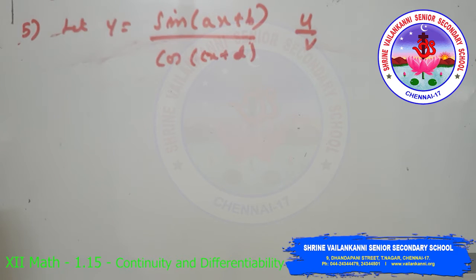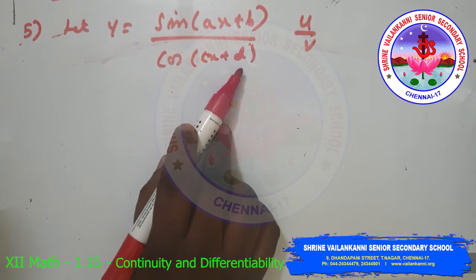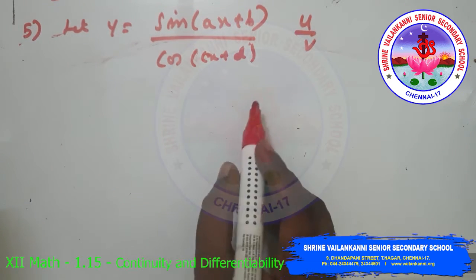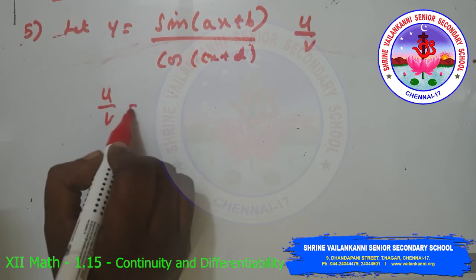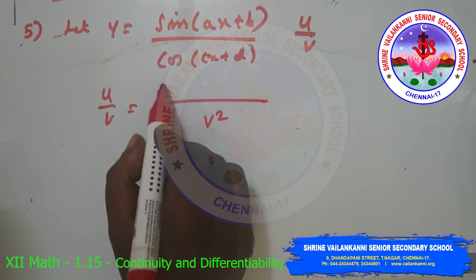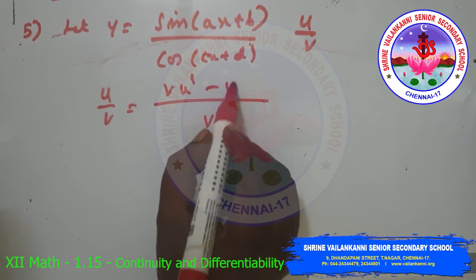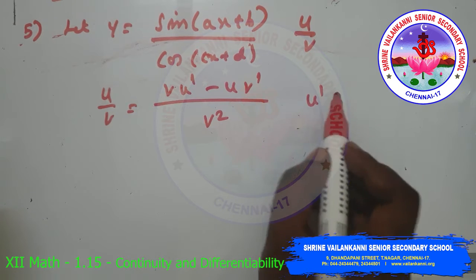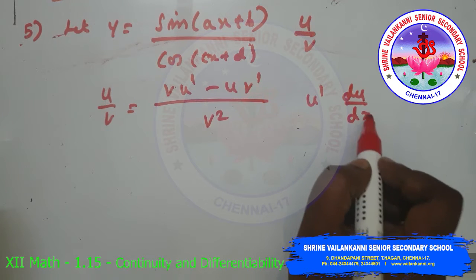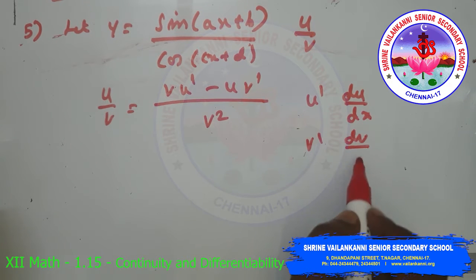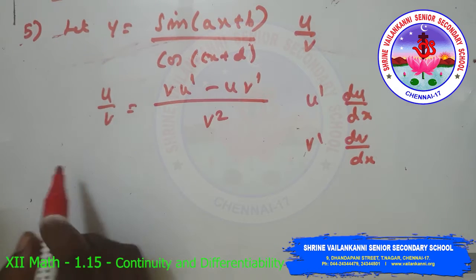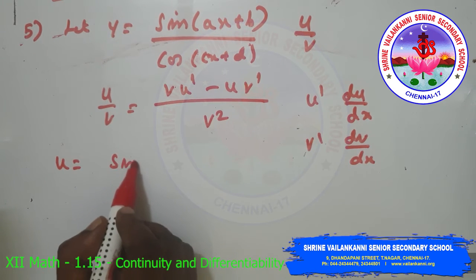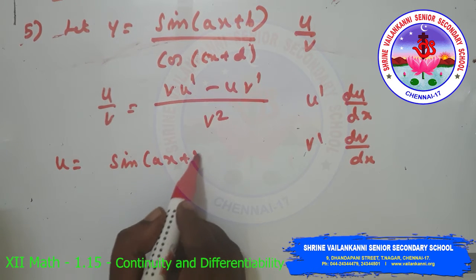Fifth question. Let y equal to sine of ax plus b by cos of cx plus d. Using the quotient rule, u by v, which is v into u dash minus u into v dash. U dash is du by dx and v dash is dv by dx. So u is sine of ax plus b.